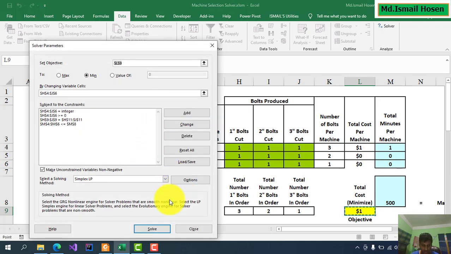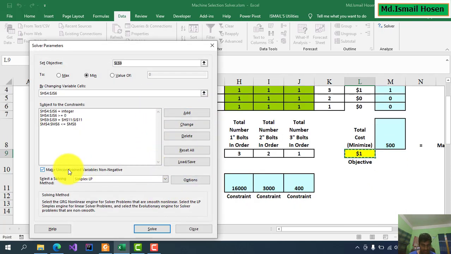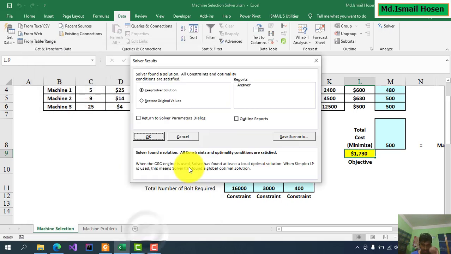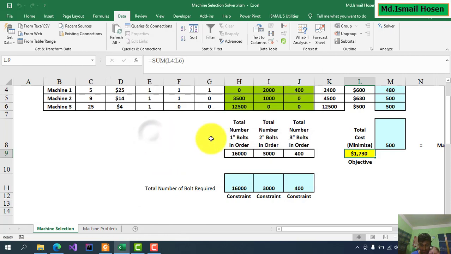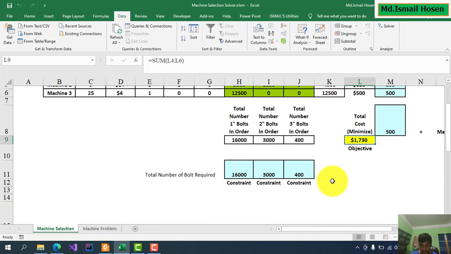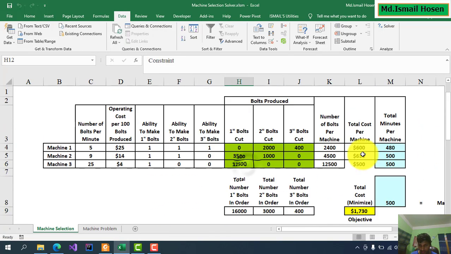So for all of these conditions, I guess we will use the simplex linear programming solution, and if we run this, you can see that it finds the solution and gives me the correct number. The minimized total cost will be $1,730, and we need to cut in this pattern.